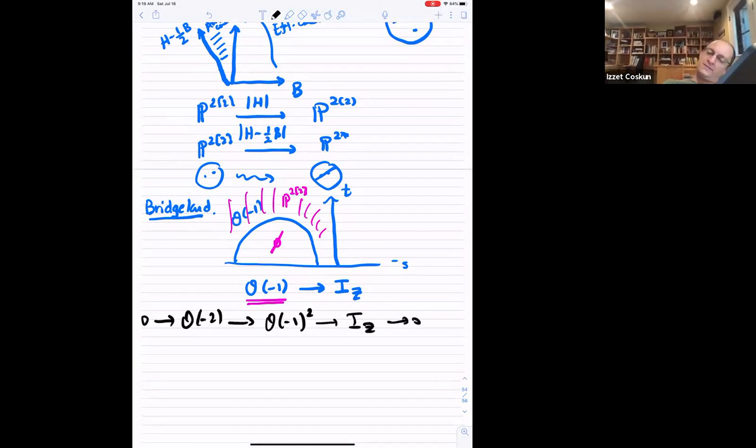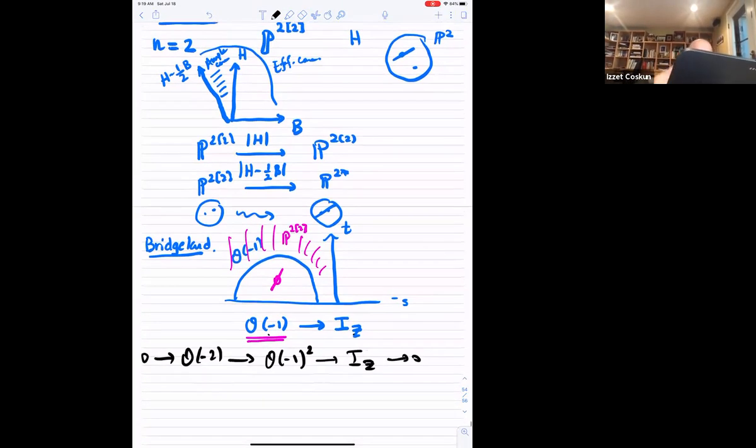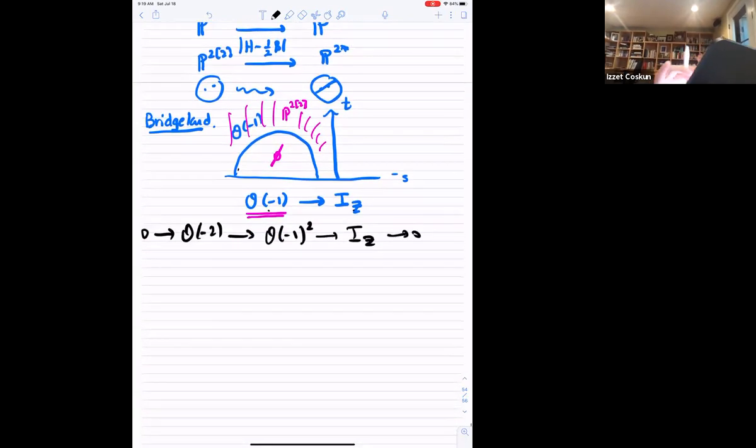So you always have a map from O of minus 1 to IZ. And in this case, all the ideal sheaves are destabilized by O of minus 1. Okay, so that's the picture, and as you can see, it's fairly similar to this picture. You had one wall here and one wall here. It turns out this is a general feature.